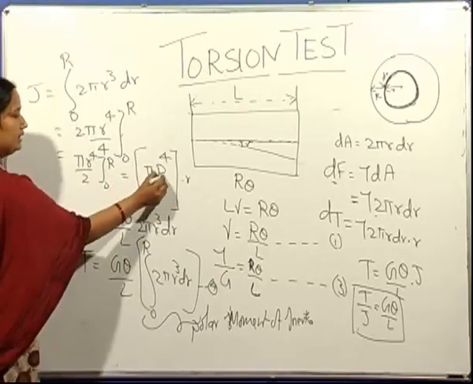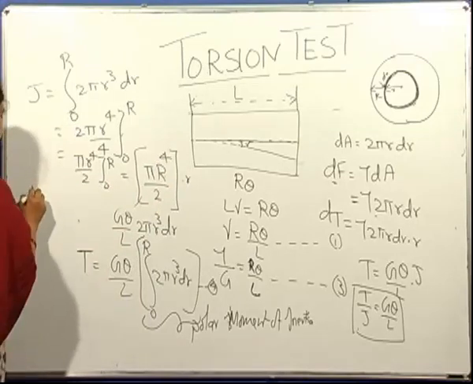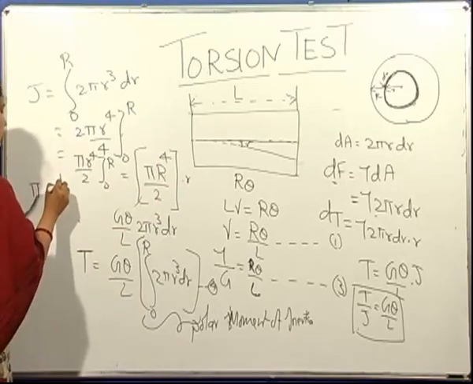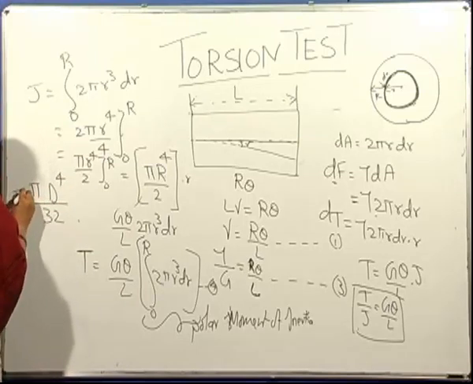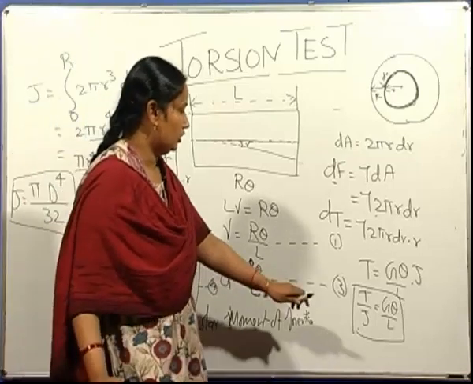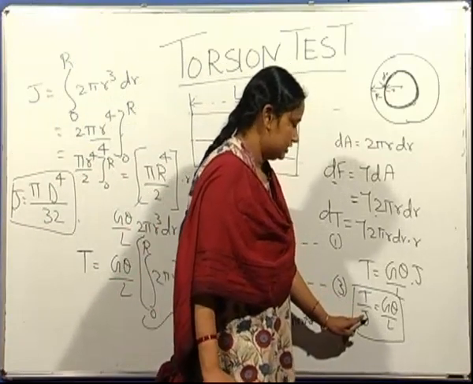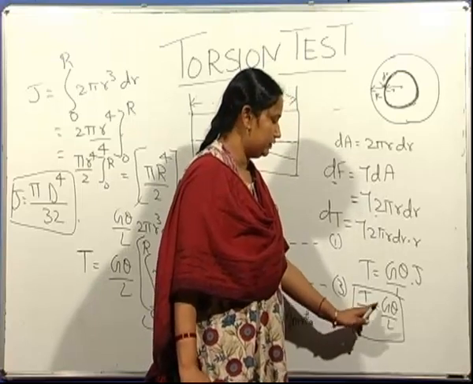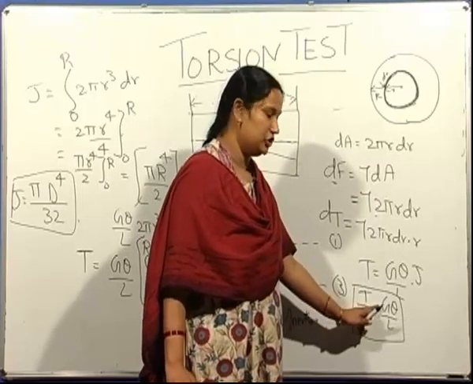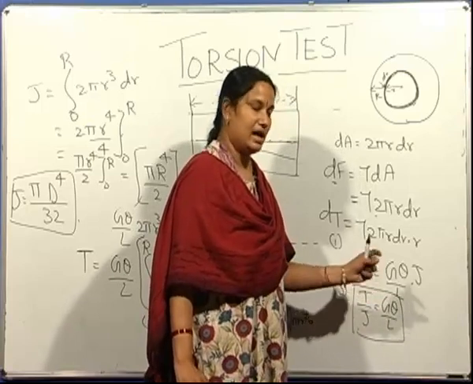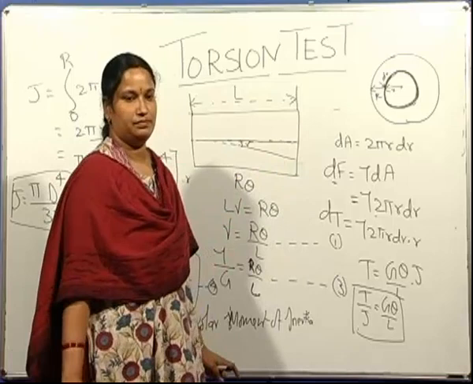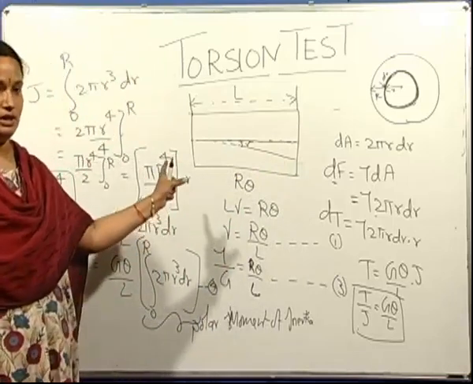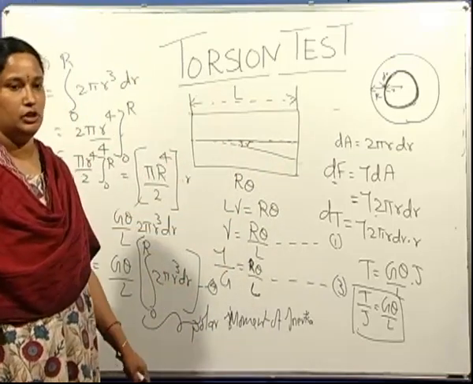So this can be written in terms of d as pi d to the power 4 by 32, which is the polar moment of inertia, that is J. So the equation for the torque is T by J, torque by the polar moment of inertia, is equal to the shear modulus into theta, that is the angle of twist, by L, that is the length of the shaft. So this is the derivation for the torque.